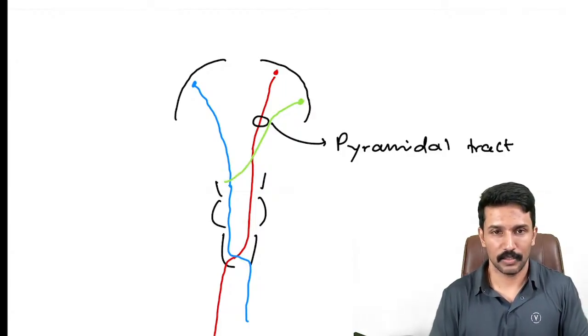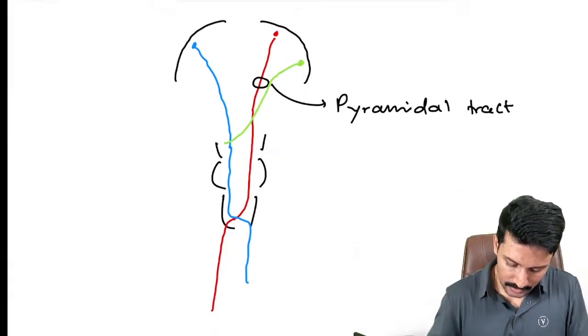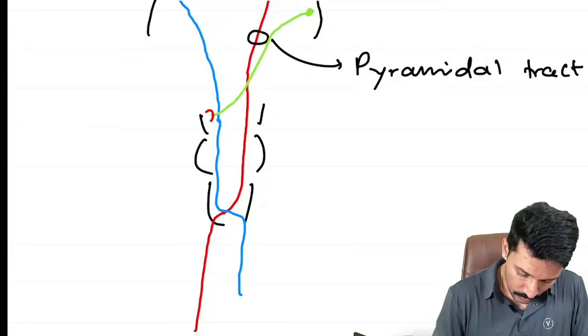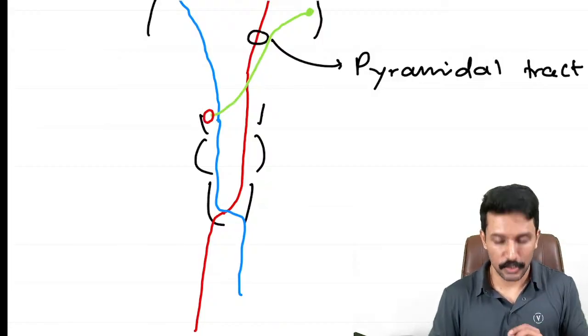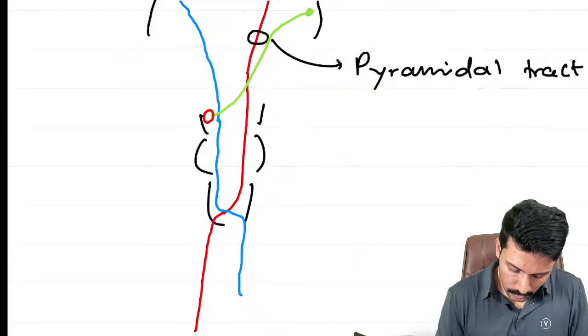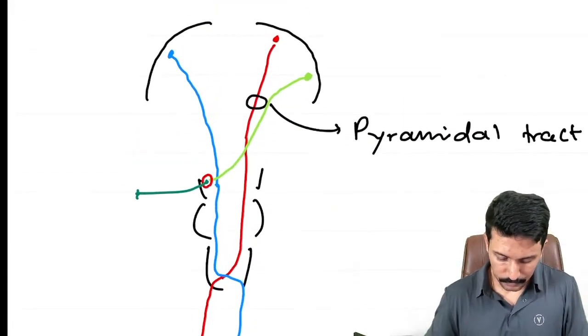This tract crosses to the opposite side above the brainstem, and then in the brainstem it joins its nuclei, which we call as the cranial nerve nuclei, and from there we will have the origin of the lower motor neurons of the cranial nerves.